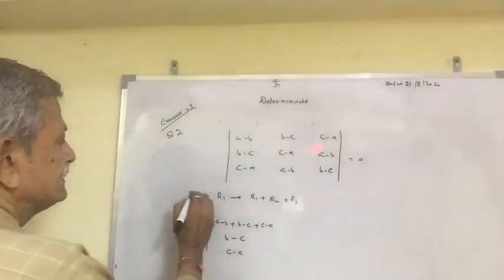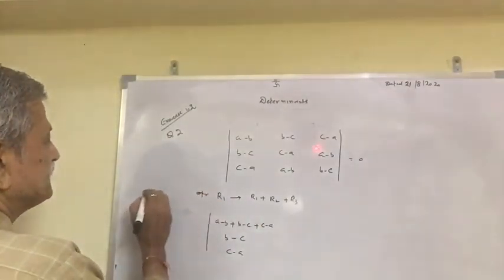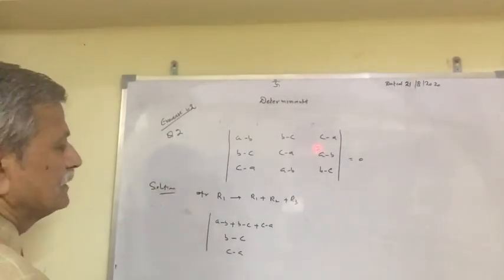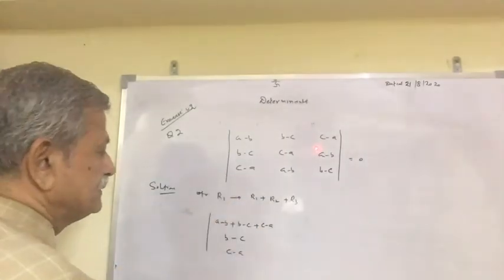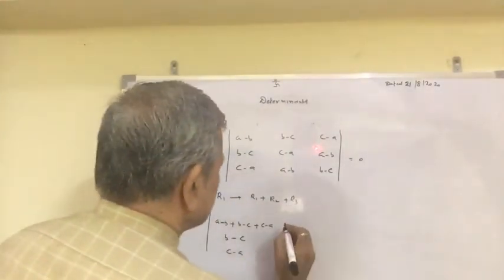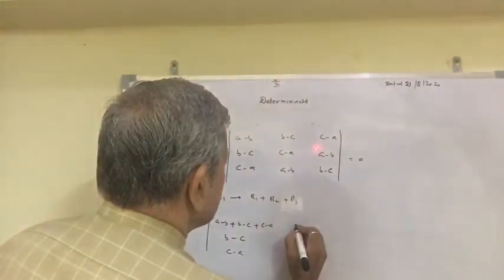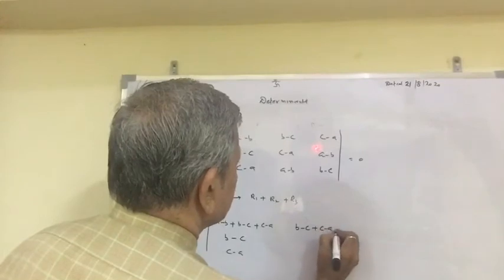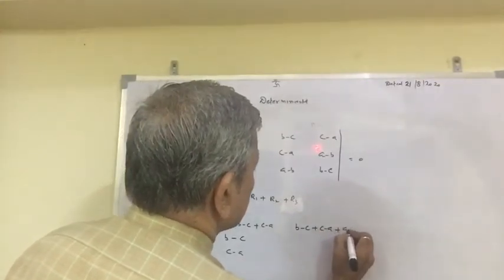I'll do the operation only in R1, R1 to R1 plus R2 plus R3. Now the next part: b minus c plus c minus a plus a minus b.